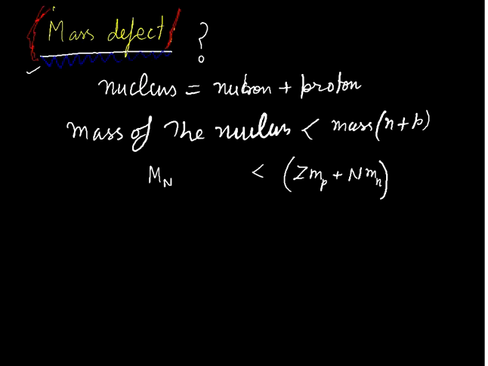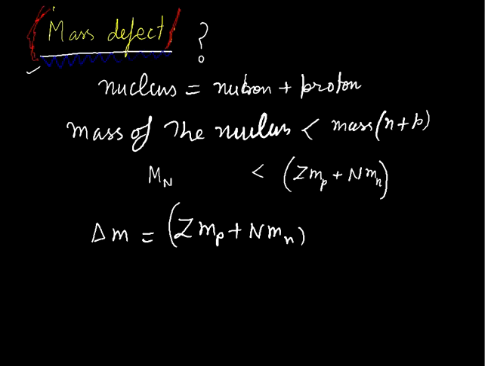The difference between the mass of the nucleus and the sum of these constituents is known as mass defect. So mass defect delta M is equal to Z Mp plus N Mn.